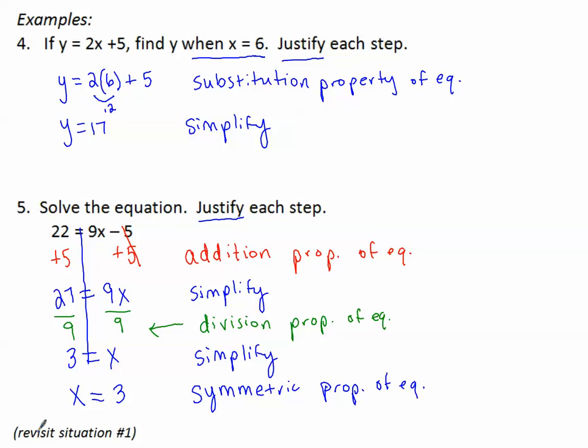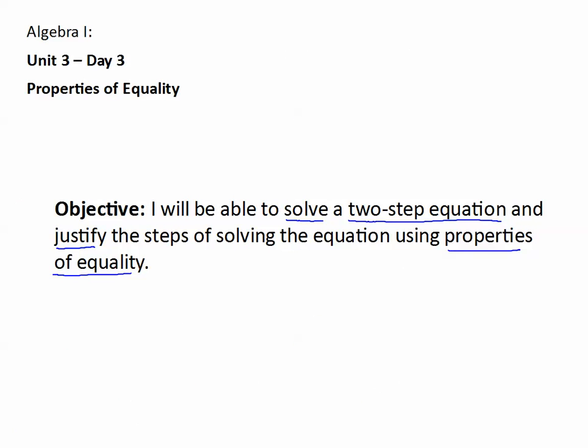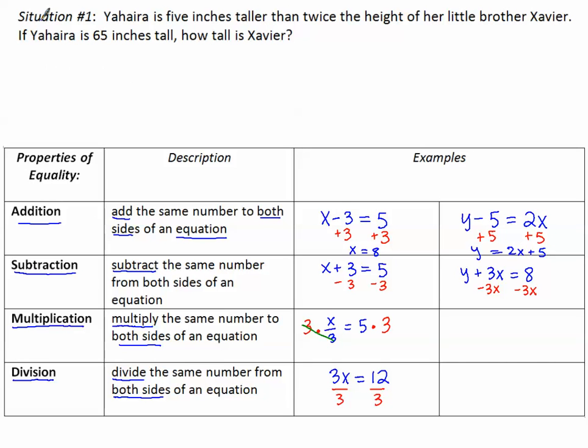Let's go back to revisit situation number 1 now that we've talked about solving equations and the properties of equality. Situation number 1. Yahira, call her y, is 5 inches taller, that would be 5 more than, twice the height of her little brother Xavier, call him x, so twice x.